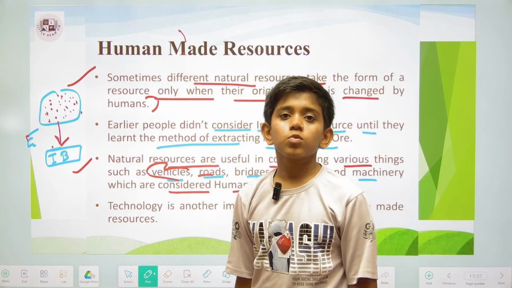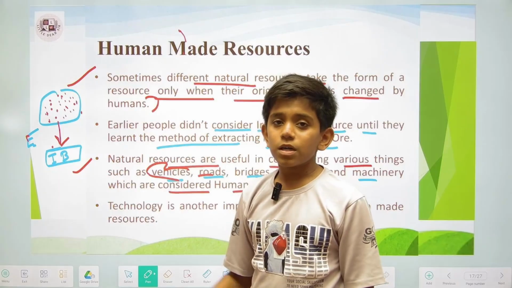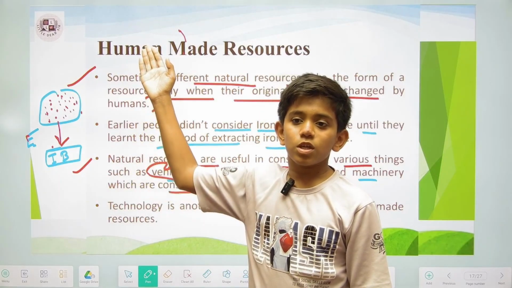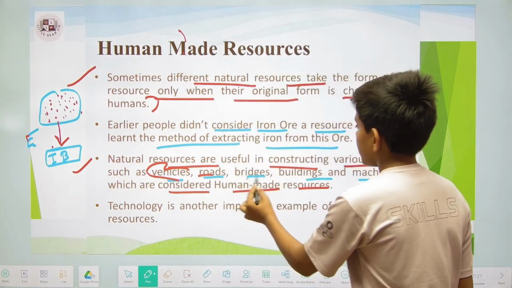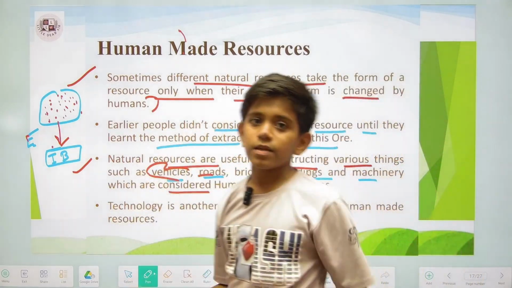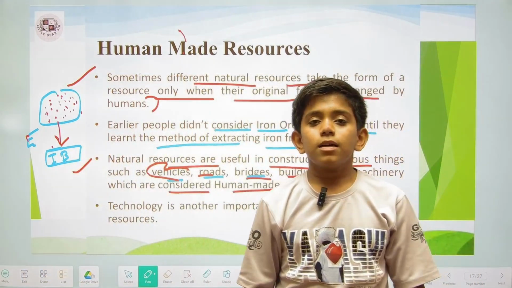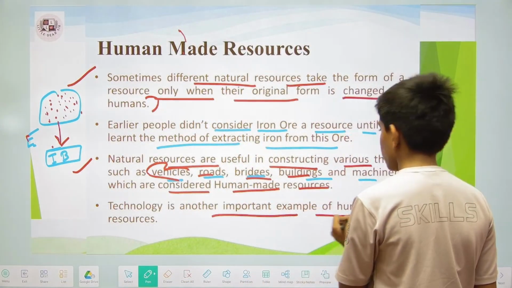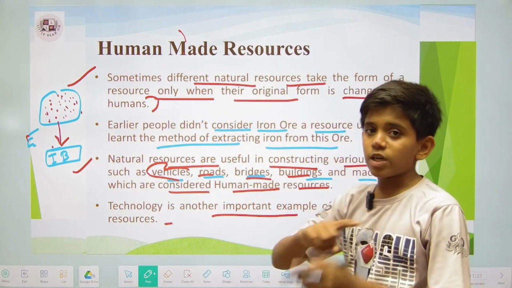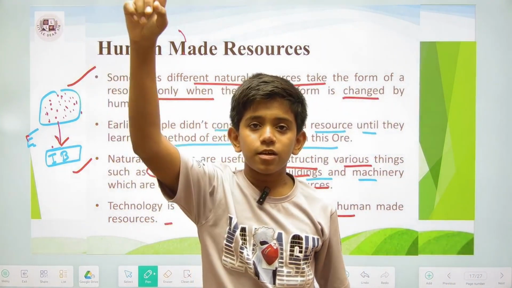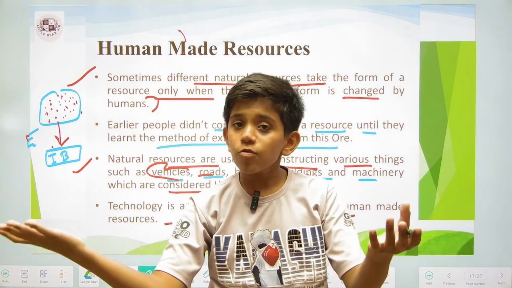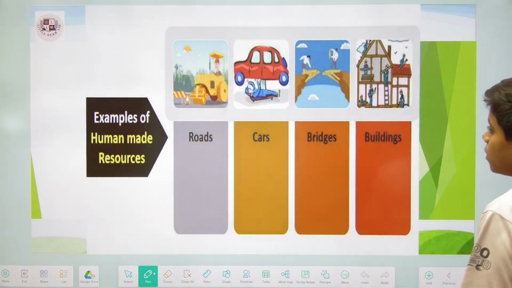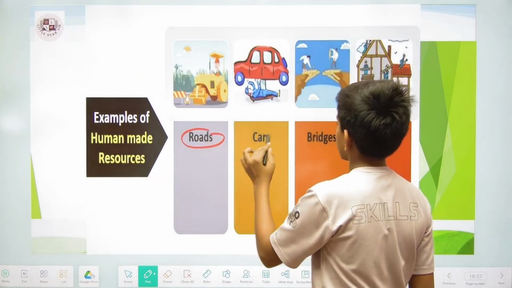It is a non-renewable natural resource, but from modification it is made, so it is a human-made resource. Bridges, buildings and so on also need natural resources with modifications. Technology is another important example of human-made resources. Technology, 5G internet, 4G internet, 6G internet, is made by humans. Examples of human-made resources are roads, cars, bridges, buildings.